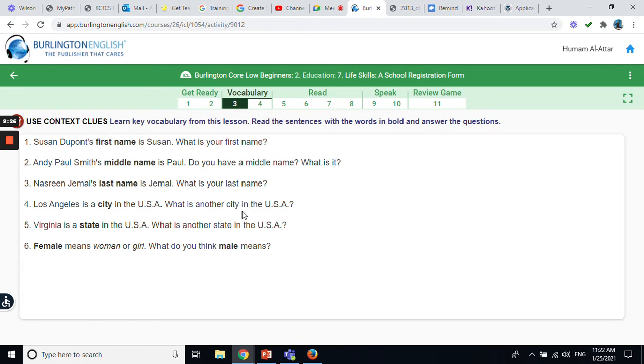What is another city in the USA? Do you know of another city in the USA? Well, in the example here we have Los Angeles. Do you know another city in the United States?